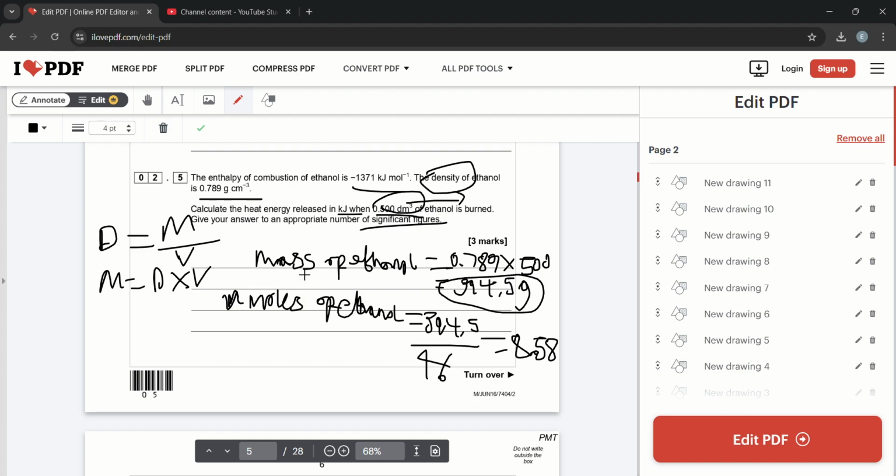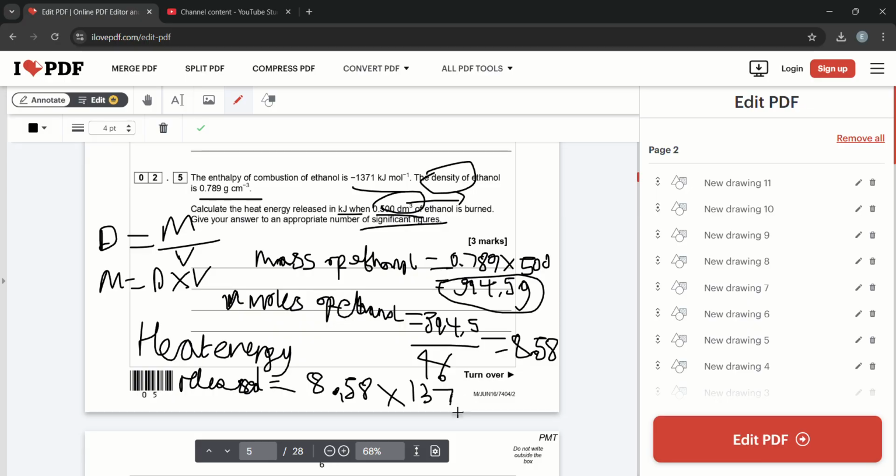And now for the final mark and the final step, all we have to do is find the heat energy released. All we're going to do is take the moles, 8.58, times the enthalpy of combustion of ethanol, which is 1371. We're not going to include the negative symbol, because that just tells me the reaction is exothermic and the temperature increases, but we don't use the negative symbol in the equation to find the heat energy released.